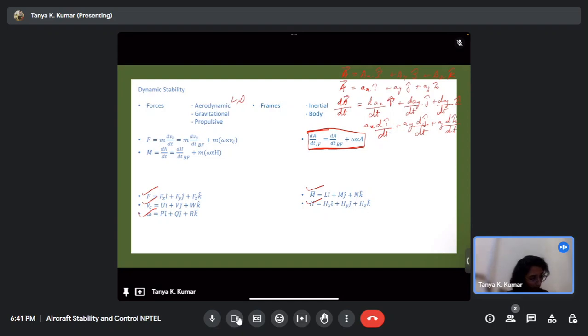This was in the inertial frame. Now tell me if this equation is right. I J K are capital here, I made a mistake there. Now tell me if this equation is right. The last three terms are 0. Why are the last three terms 0?